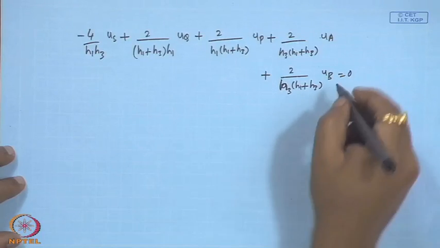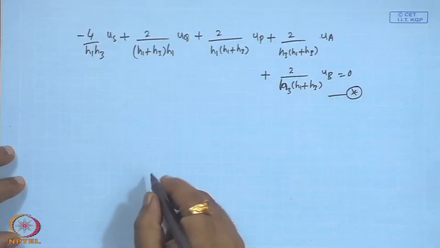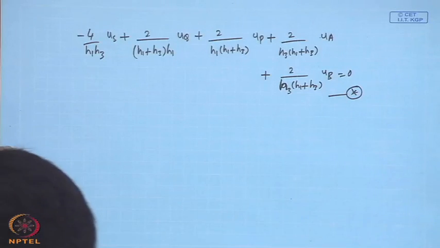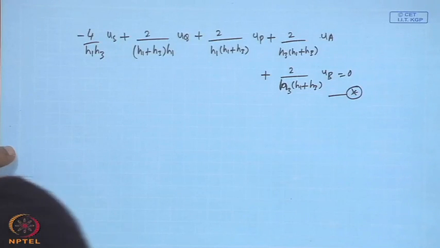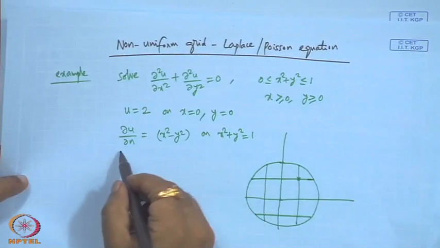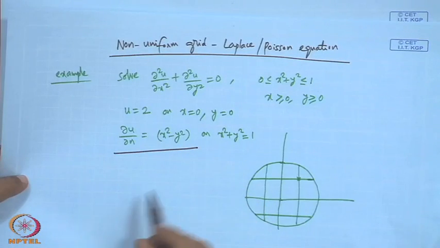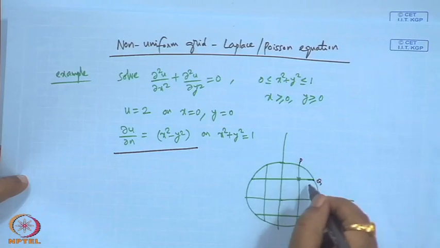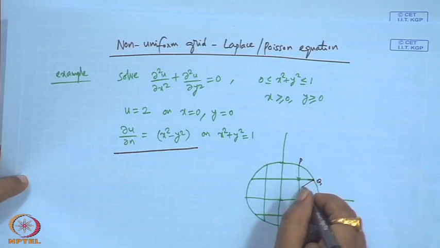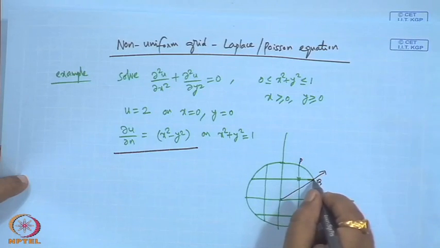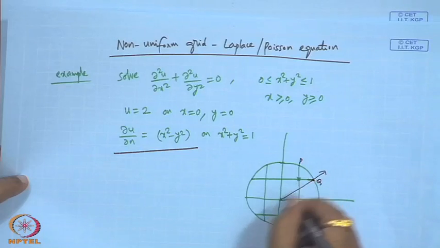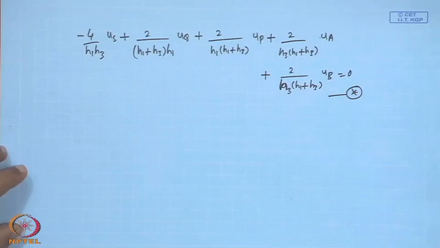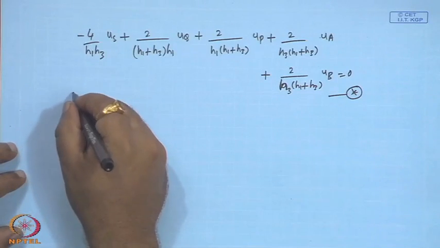So, this is our equation. However, the original problem which we defined, we have the normal derivative prescribed. So, we have to compute, so this is our Q, this is P, we have to compute dou u by dou n in terms of these values. So, we can do that.